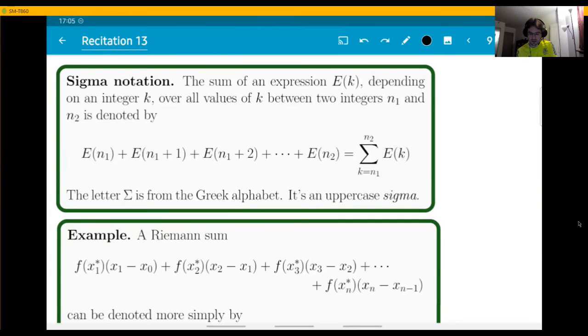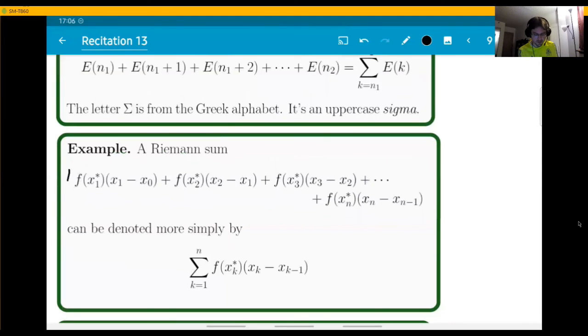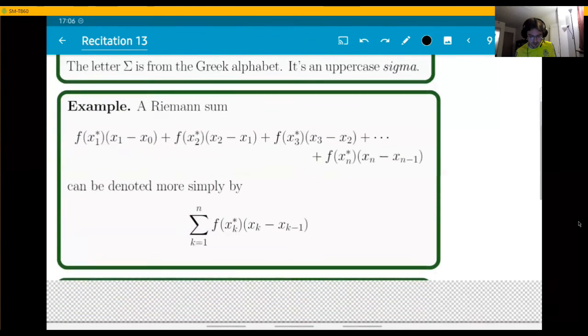And you just put e of k inside of the sigma. So for example, the Riemann sum, this expression here, is a Riemann sum with a selected number n of points in the partition. It has this dot dot dot here because we don't know how many points we're summing. It goes from 1 to n. So you can denote that more compactly by using sigma notation like this.